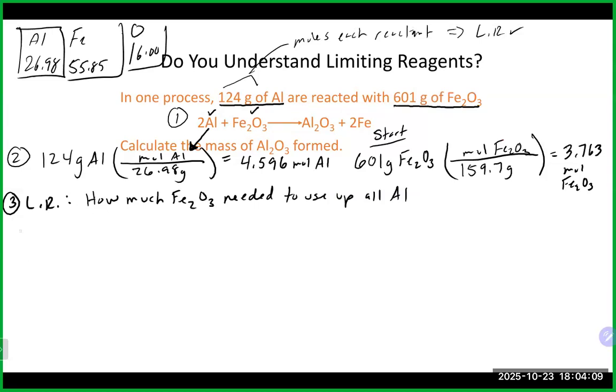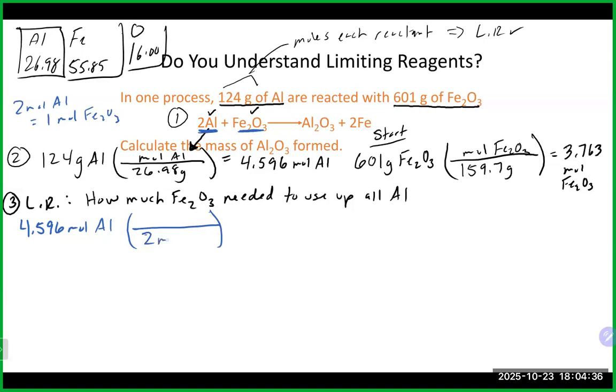So I'm going to take my 4.596 moles of aluminum. I am now going to do the mole-to-mole relationship between aluminum and iron 3 oxide, and that is 2 moles of aluminum gives us 1 mole of the iron 3 oxide. So I'm going to use that here in this calculation.